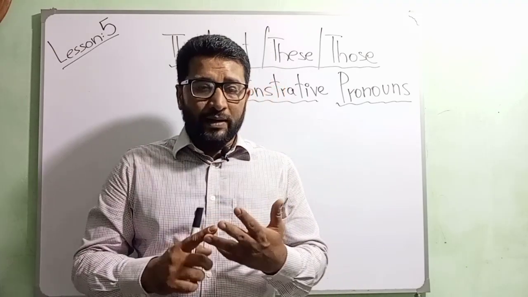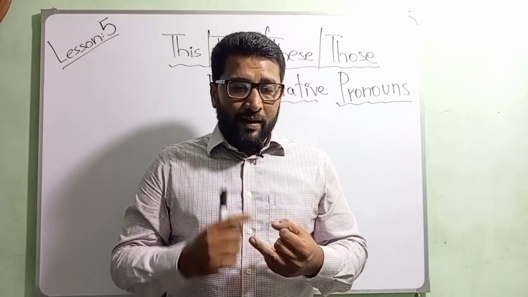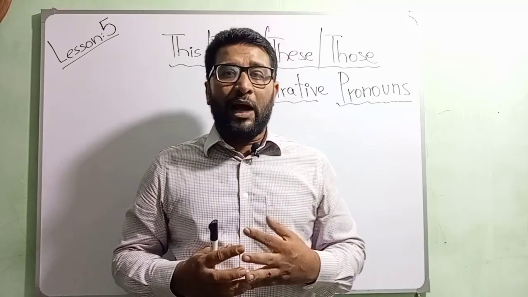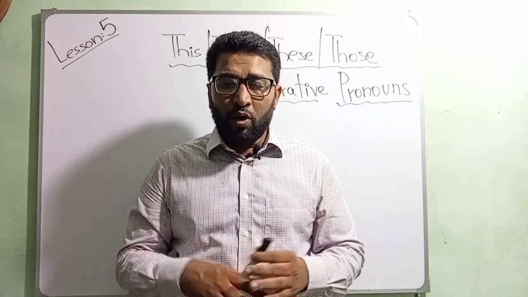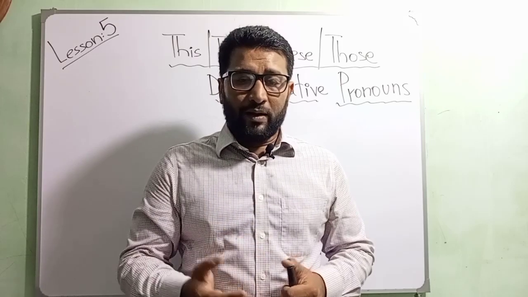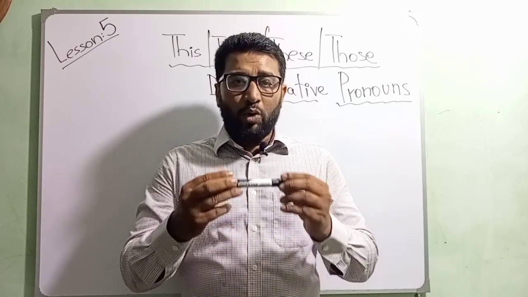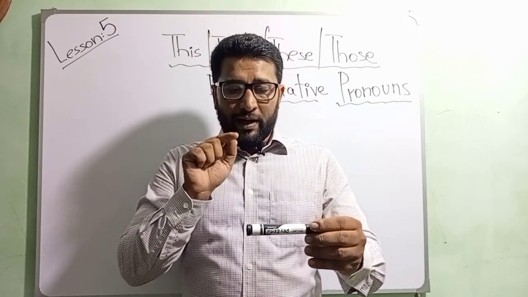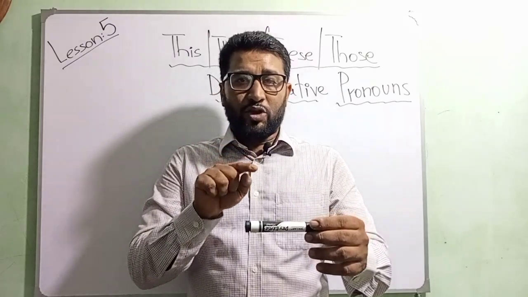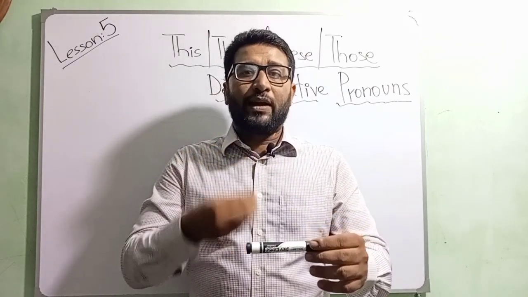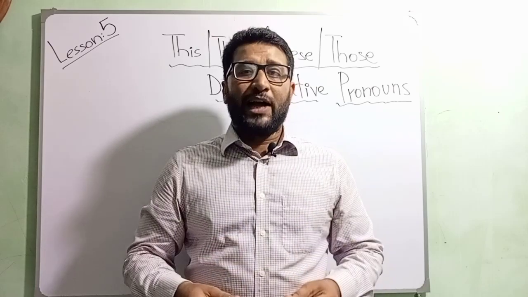Number two, and number three, we basically use demonstrative pronouns when we indicate something. For example, we show something and then we point out that thing. So we show that and then we give information about that particular thing.